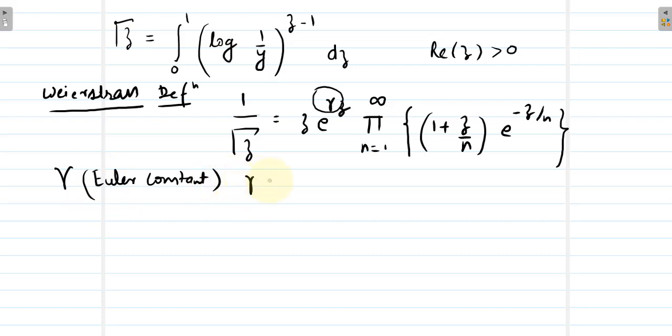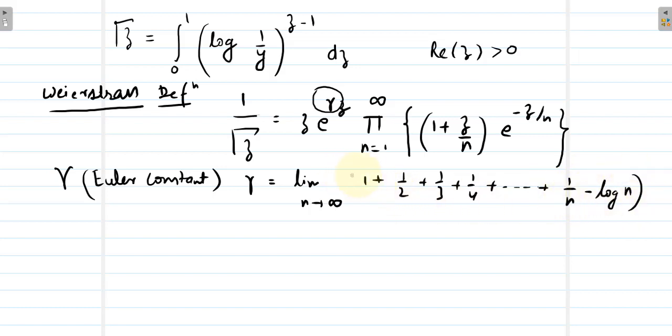Actually, gamma is defined as the limit of 1 plus 1 over 2 plus 1 over 3 plus 1 over 4 and so on, up to 1 over n, minus log n.